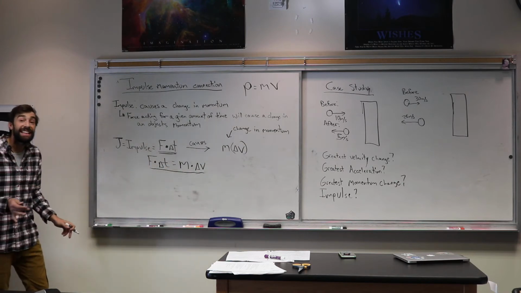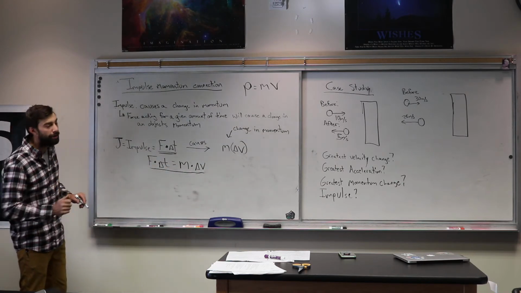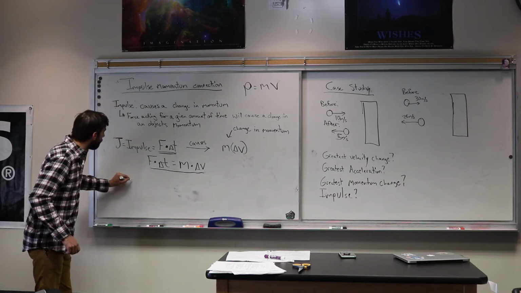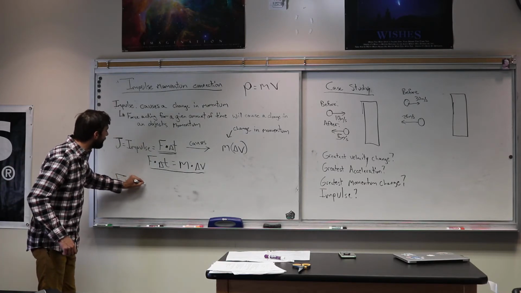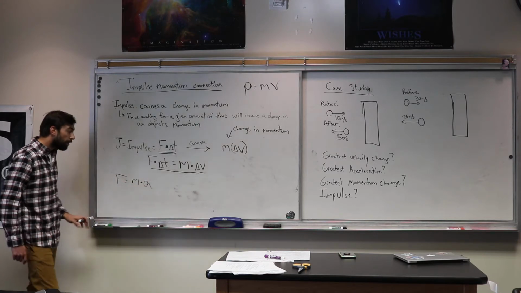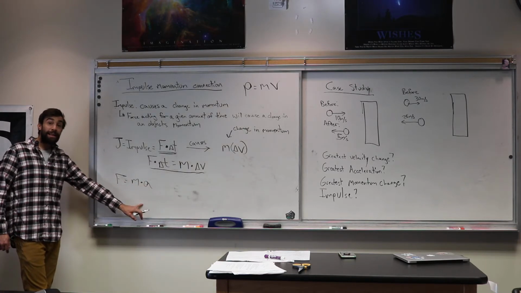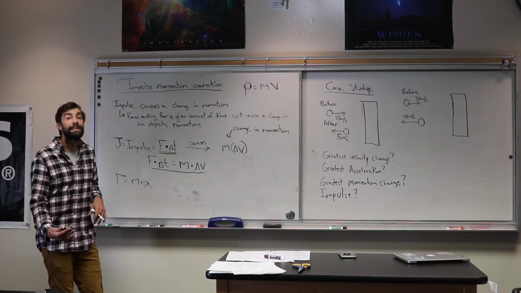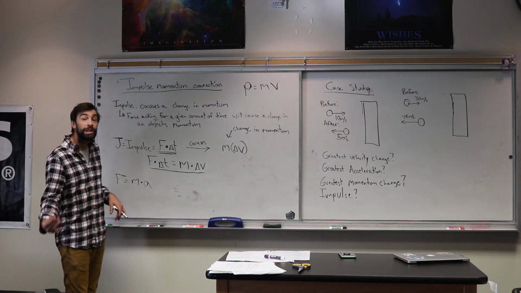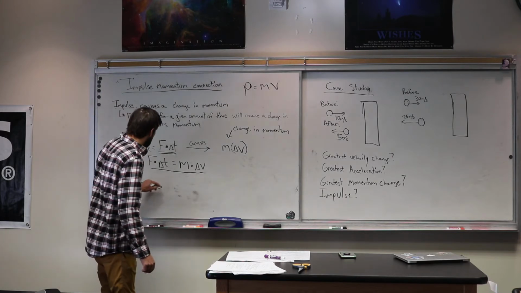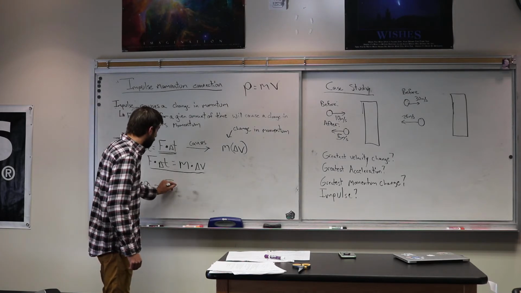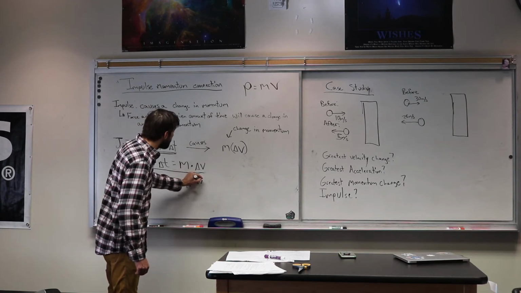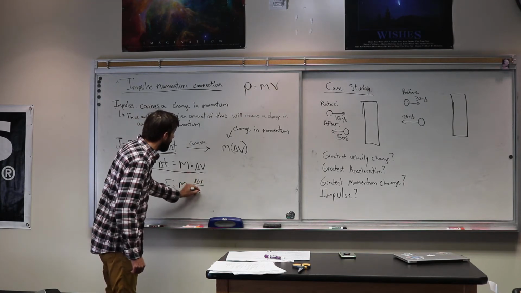You all have seen this, and let me show you where you have seen this. So Newton's second law, remember? Force equals mass times acceleration, right? Well, what the heck is acceleration? Acceleration is our change in velocity divided by our change in time, right? So if I rewrite this, force equals mass times our change in velocity divided by change in time.